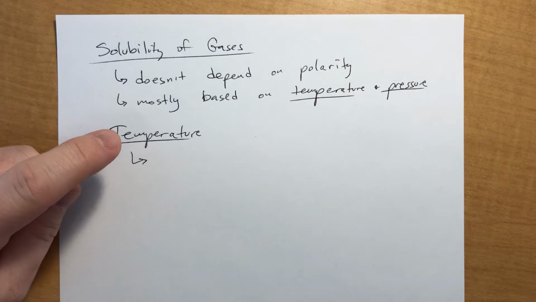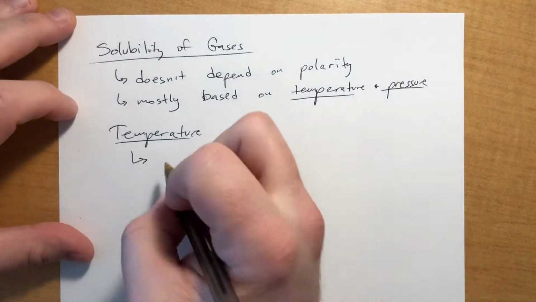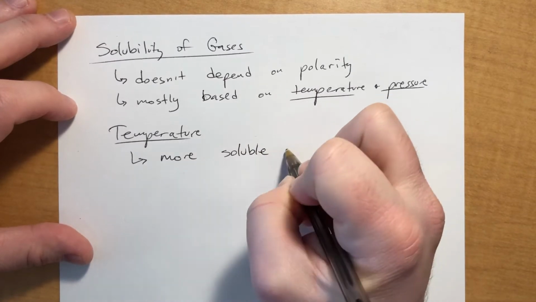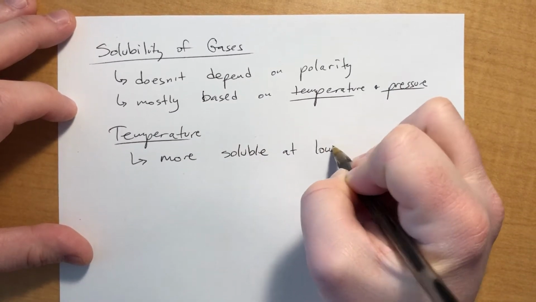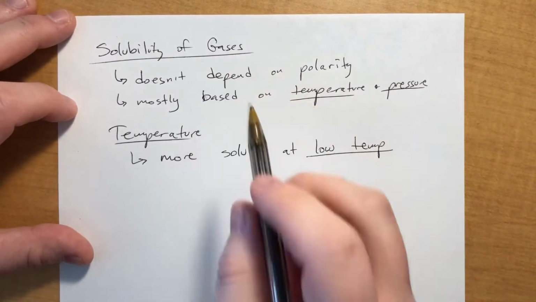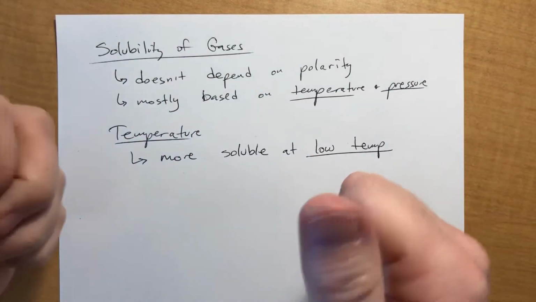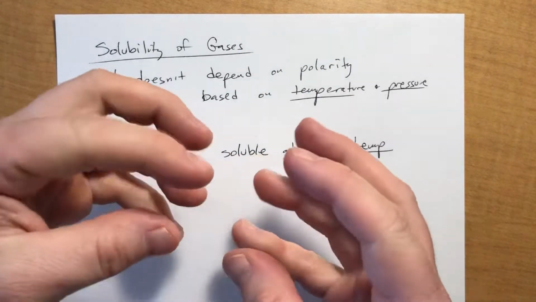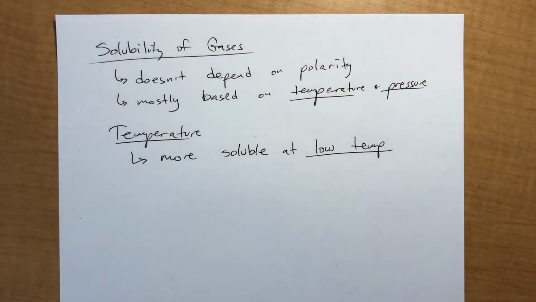So it turns out that for gases, they are more soluble at low temperatures, which sounds really counterintuitive, but if you think of it more about trying to trap things that are running around because of high temperatures, low temperatures allow them to move slower and be dissolved in the liquid.